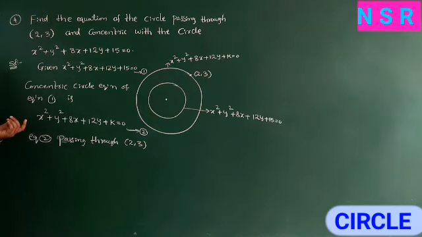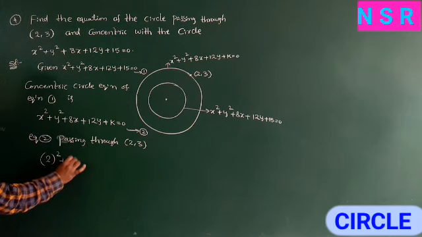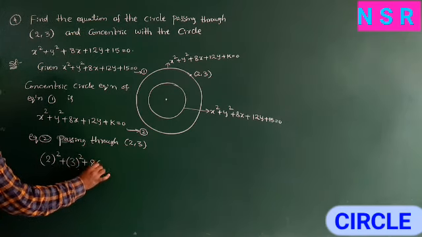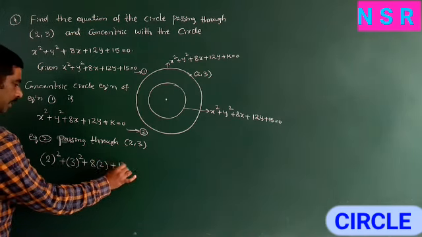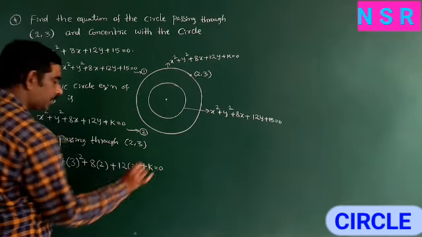Now in place of x substitute 2, in place of y substitute 3. So 2 square plus 3 square plus 8 into 2 plus 12 into 3 plus k equal to 0.